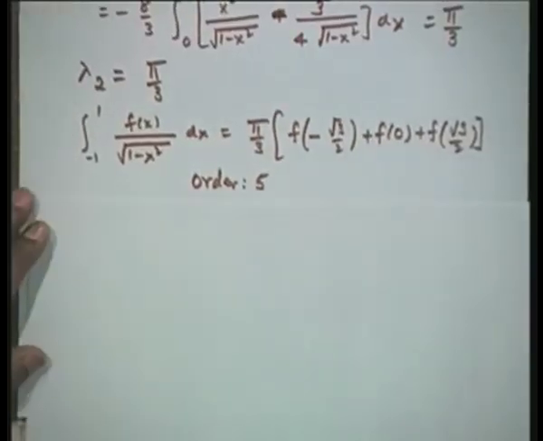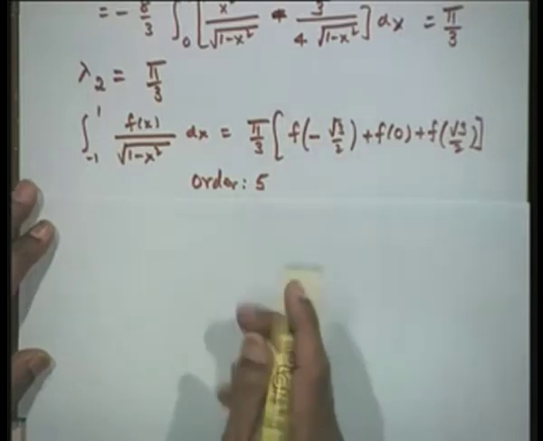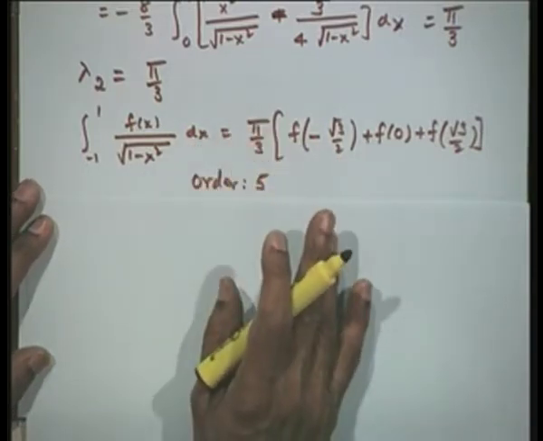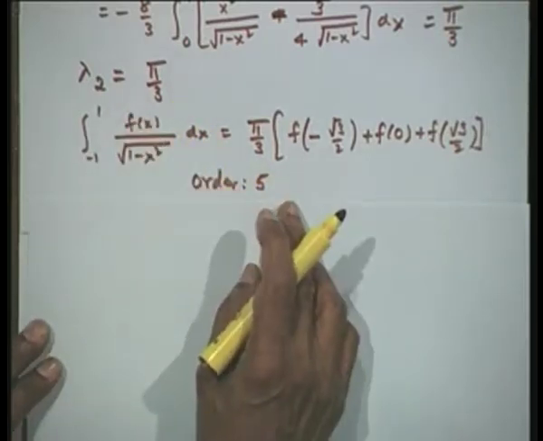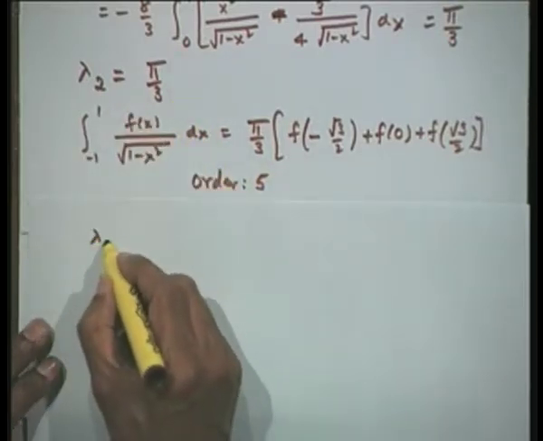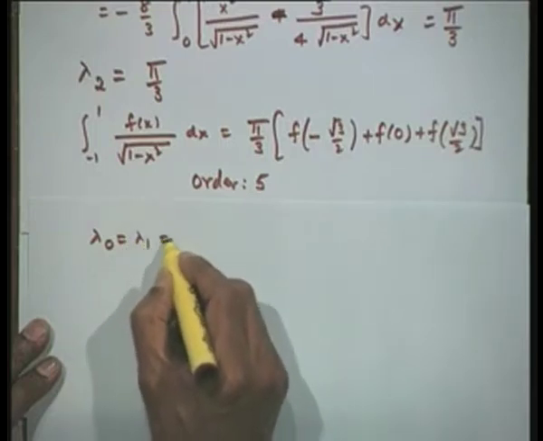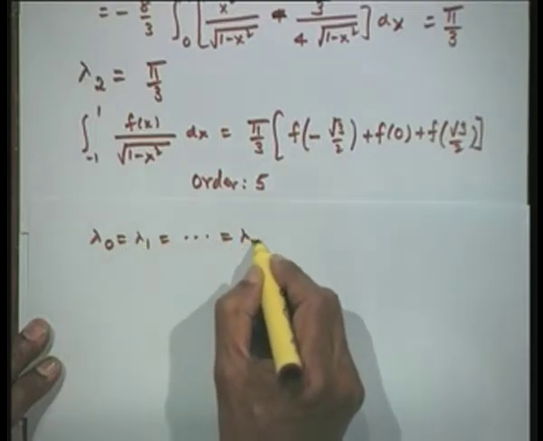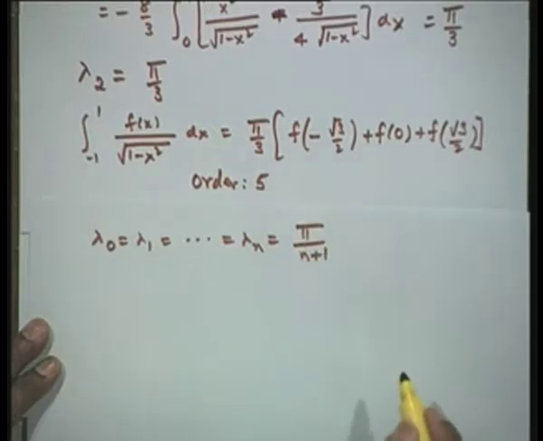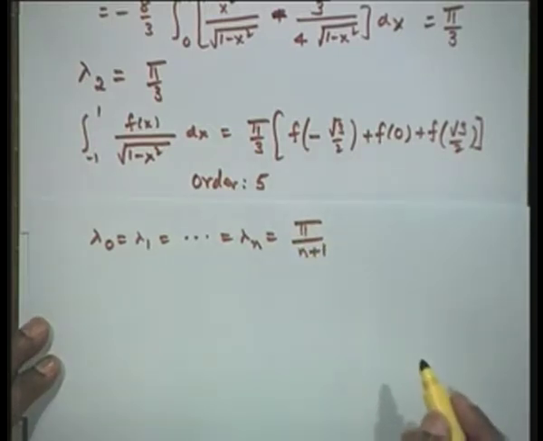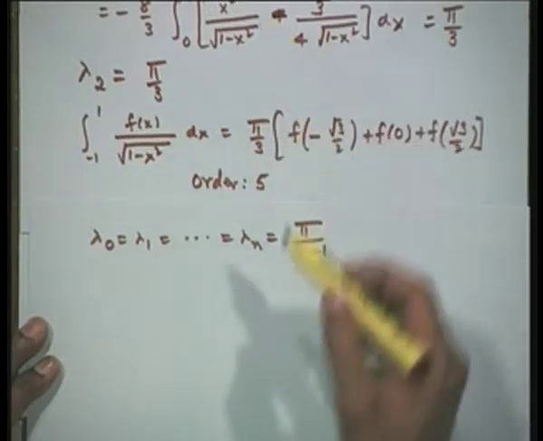Interestingly, it can be shown theoretically that in the general case all the lambdas are equal, as it has happened here, and they are all equal to pi upon n plus 1. In the case of the 1-point formula, n is equal to 0, we get the weight as pi.